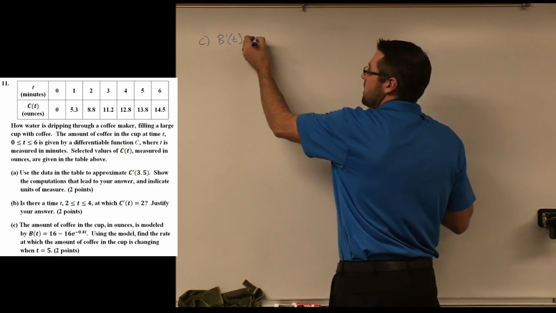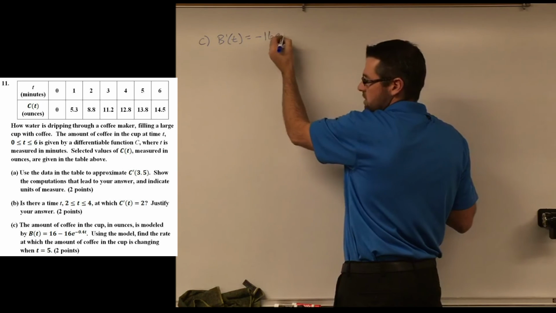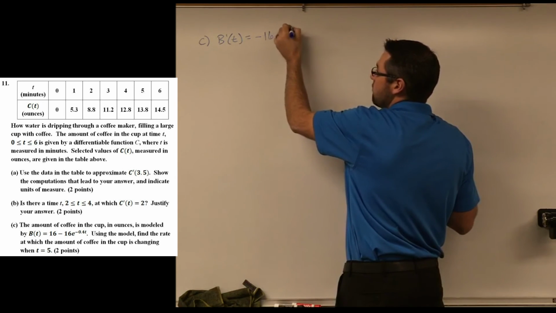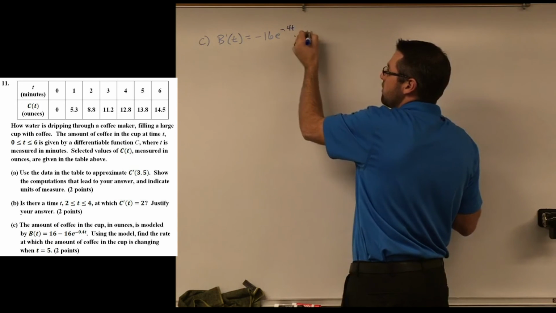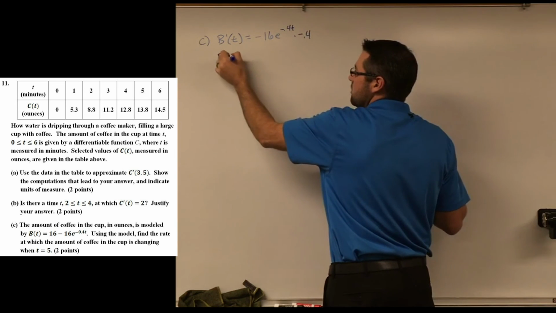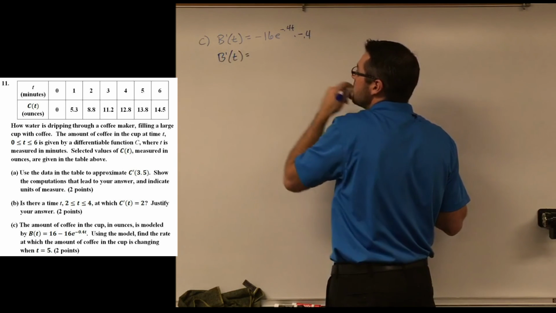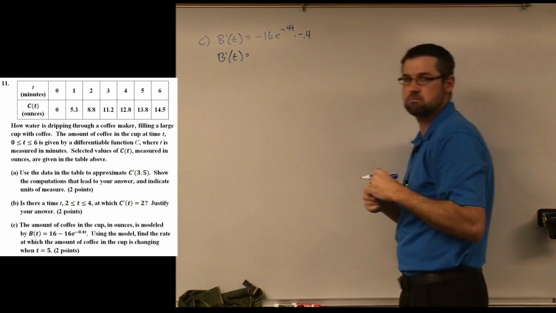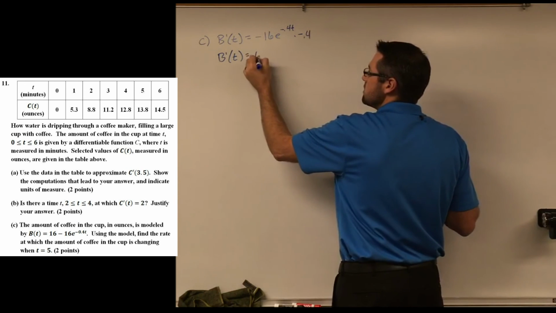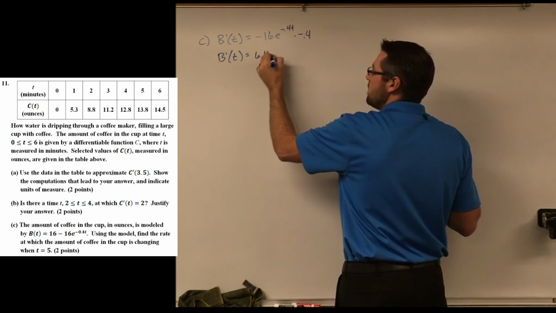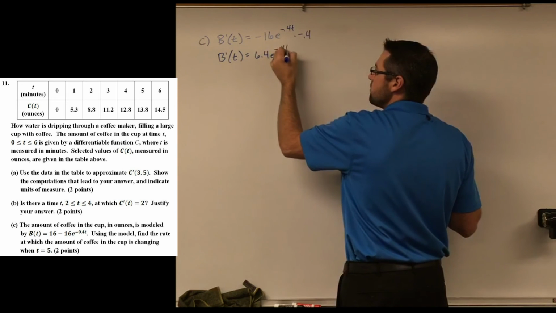It would be negative 16 e to the negative 0.4t times negative 0.4. So we'll simplify that a little bit. Is this a calculator problem? I don't think it is. So it'd be 6.4 e to the negative 0.4t.